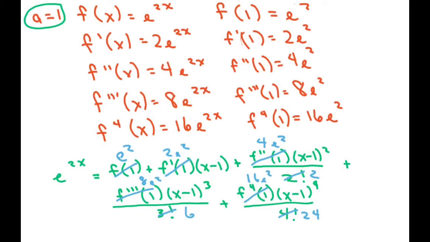And then you're going to have to simplify these numbers here, because 4 over 2 is just 2. And that's what I'm going to do.